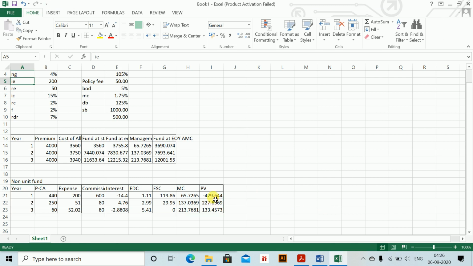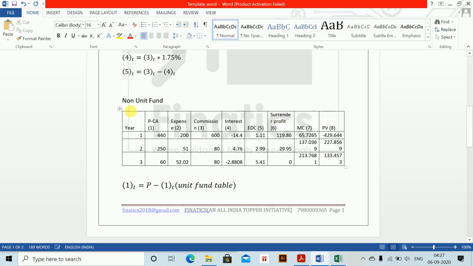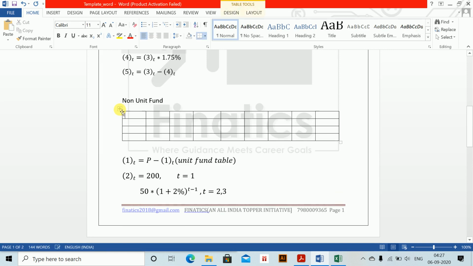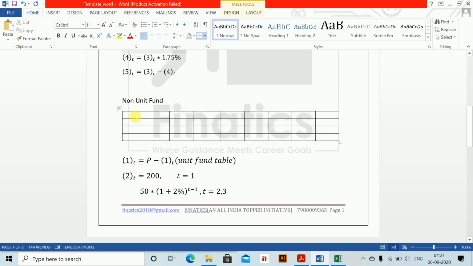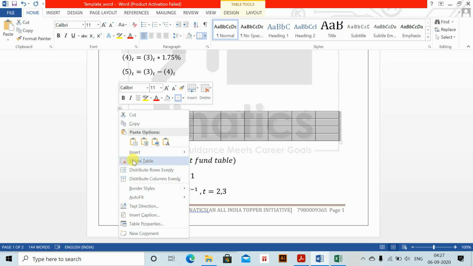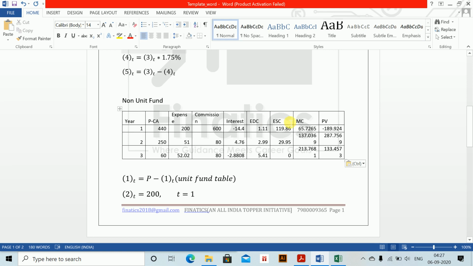Okay, this will be a plus. Okay, this is doing up. You may just select this and delete it. I just made a mistake that I corrected.